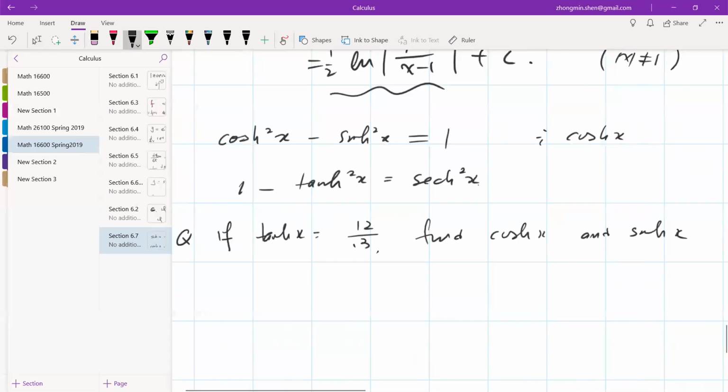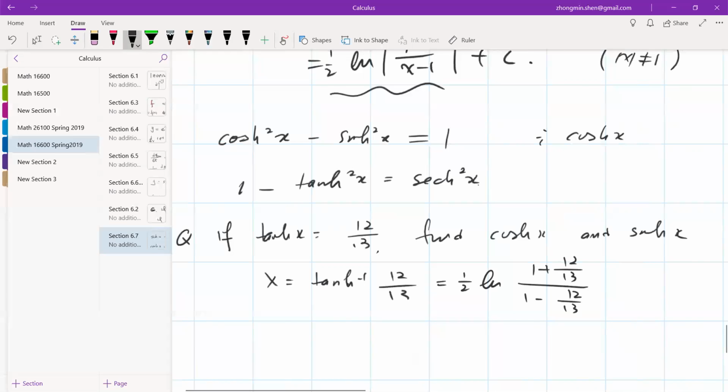So what is x? x is going to be the inverse hyperbolic tangent of this, and we already know the formula. That's going to be half of the natural log of (1 plus 12 over 13) over (1 minus 12 over 13).